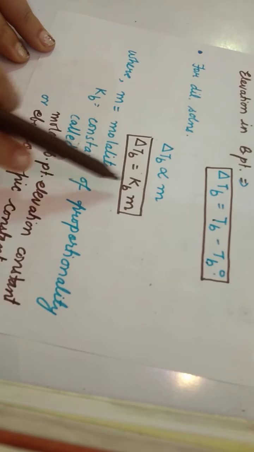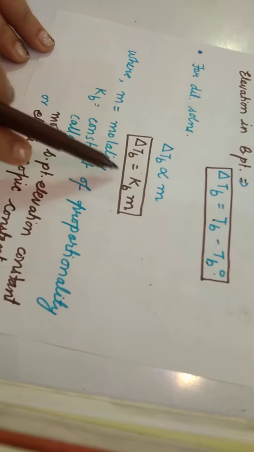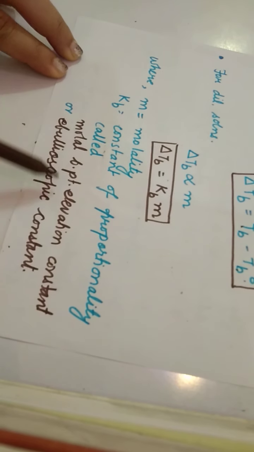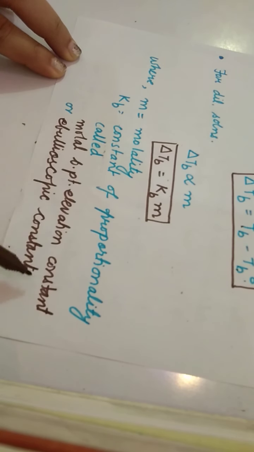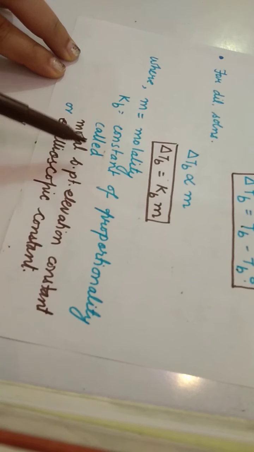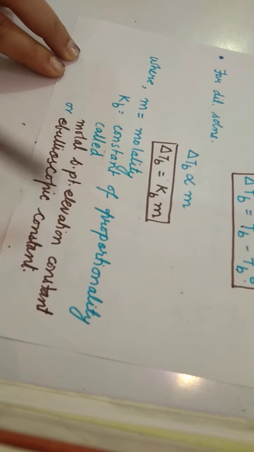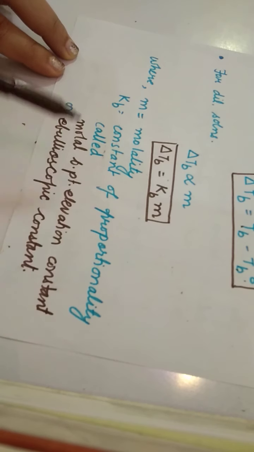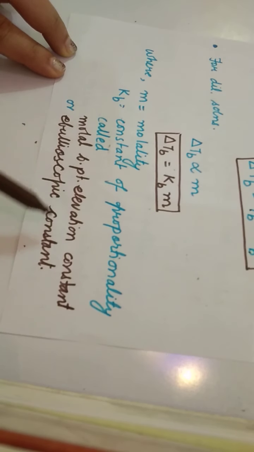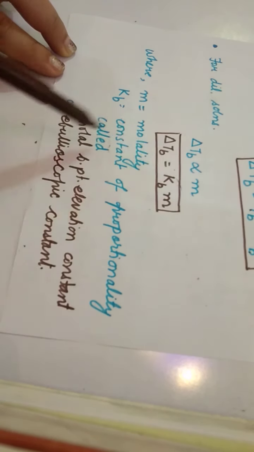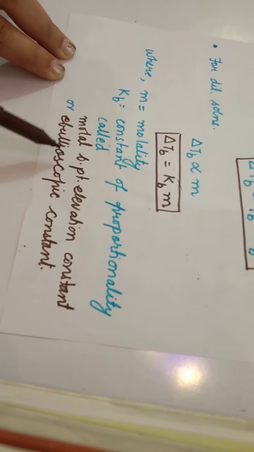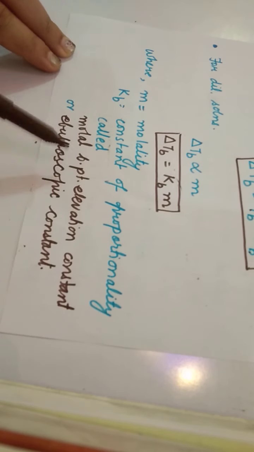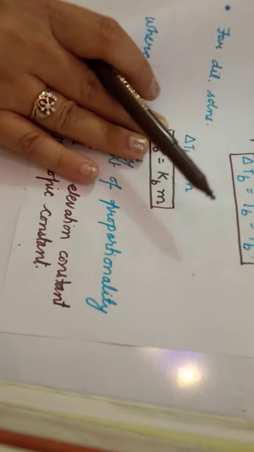Kb is the constant of proportionality, and we call Kb the molal boiling point elevation constant, or ebullioscopic constant. You can call it by either of these two names.